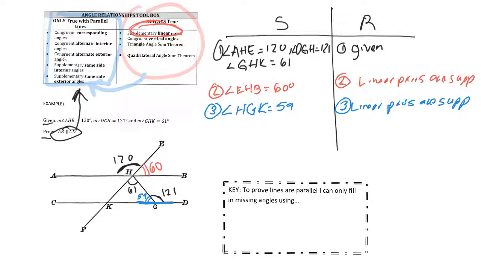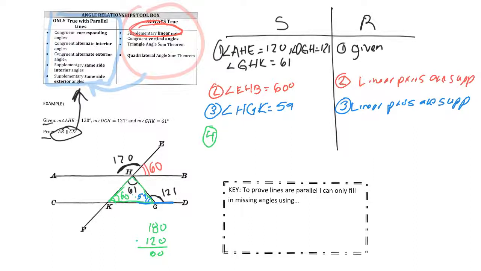Now, when they give you a triangle in the diagram, like I have here, you probably always want to fill in all the angles of the triangle, and it's going to help you. So this is 61. This is 59. So the third angle of the triangle, 180 minus 61 plus 59, is 60 degrees.